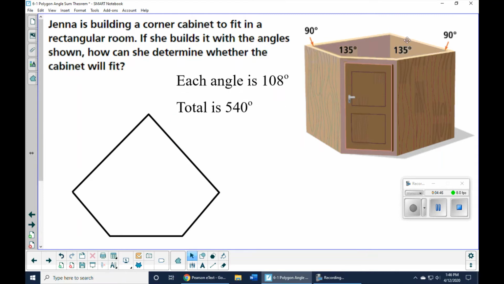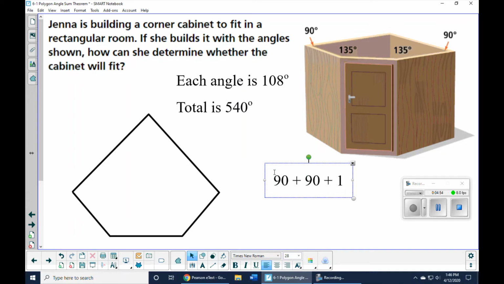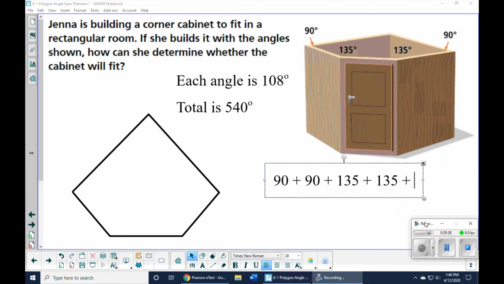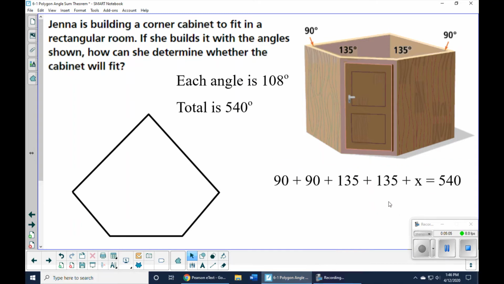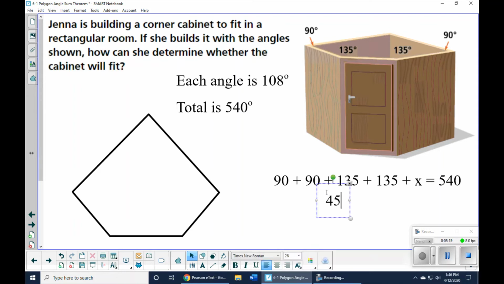We know there's a 90-degree angle and another 90-degree angle, and then 135 and 135. So we're going to do 90 plus 90 plus 135 plus 135 plus, we don't know what that last angle is, so we're just going to call that x, and say that equals 540. If we add up everything else together, 180 plus 270 is 450 degrees, plus x equals 540.